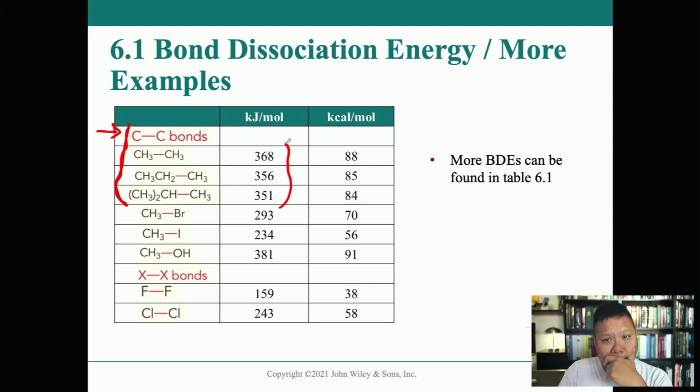UV rays are around 300 to 400 nanometers, something like that. And if you were to put that into an equation that would convert nanometers, which is also energy, into kilojoules per mole, you would see that 400 or so nanometers is just about 300-something kilojoules per mole.